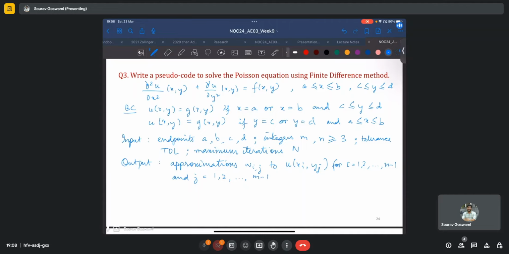At i equals n and j equals m as well as for i equals 0 and j equals 0, they are already prescribed in the form of the boundary condition. Or if we are unable to reach the desired tolerance within the given number of iterations, then the output is the message that the maximum number of iterations has been exceeded.